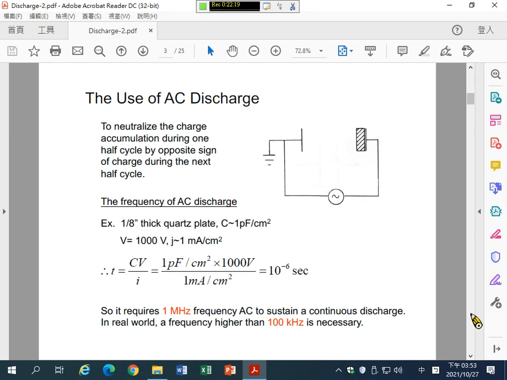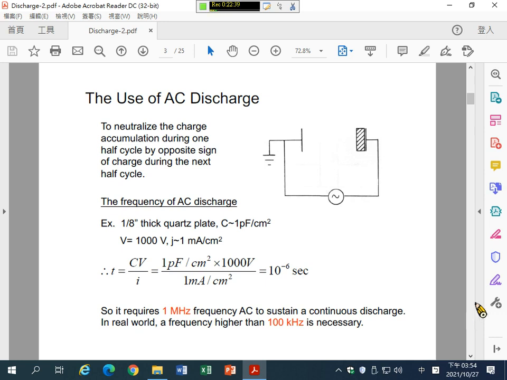So if we use an RF power supply, we can generate a continuous discharge or continuous plasma. Here, the symbol is an AC power supply, with different frequencies.